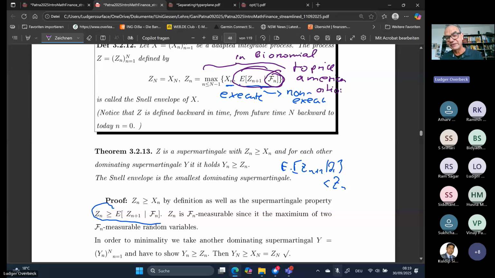So there's one fixed filtration in mathematical finance for pricing. A financial market is always defined for one filtration. What we do here in risk neutral pricing, we just have one filtration F_n. Of course, in theory, you are correct. There are different values of Z_n, and so tau will also be different.